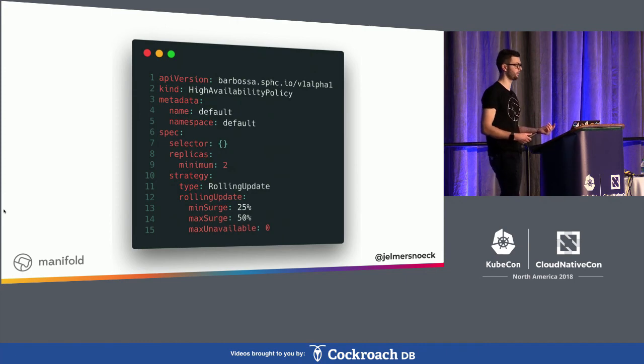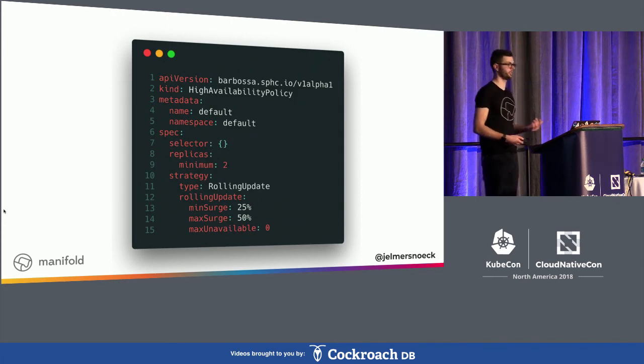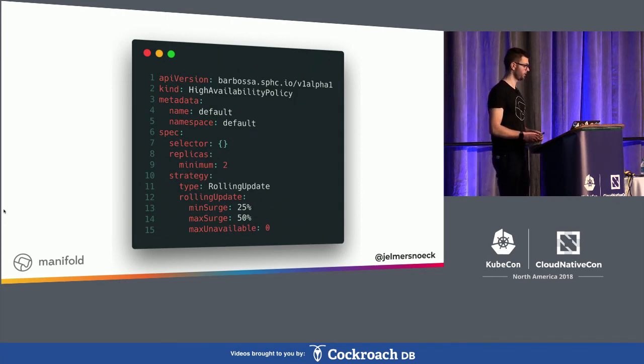So you can have a selector based on a team label, which is quite neat. Then we're going to say you need at least 2 replicas. Yeah, we want at least some high availability. And then we want to make sure that our strategy is rolling update, not recreate, because we don't like recreate.